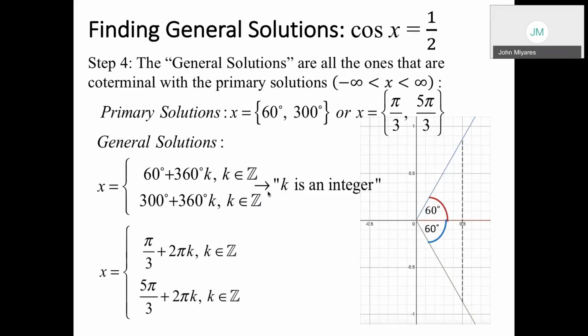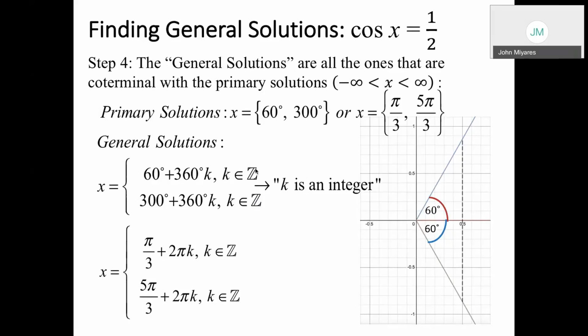Before we go on to the next slide, I just want to summarize the process that we used here. First, we took the inverse cosine of 1/2 to get the reference angle, 60 degrees or pi over 3 radians. Knowing that 1/2 is a positive number, we then had to figure out what quadrants this would have solutions in.